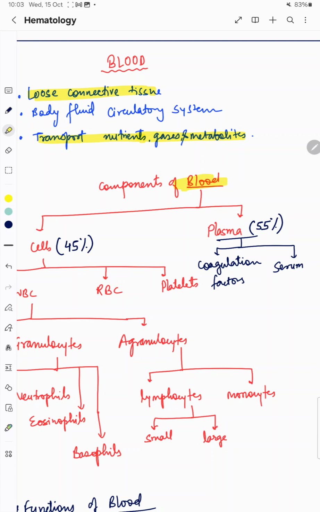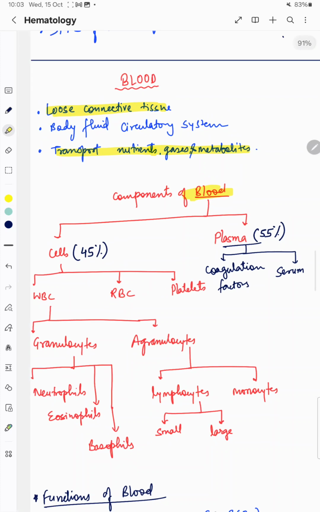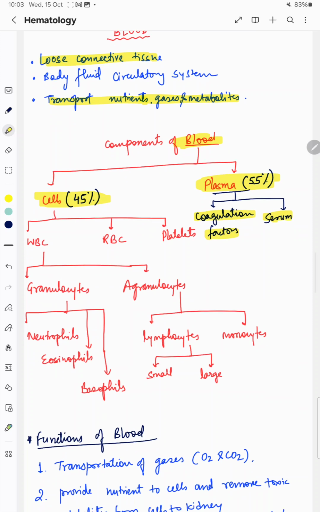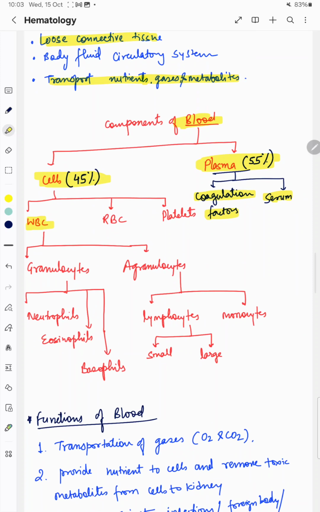So what are the components of blood? Blood is composed of primarily two components, cells or corpuscles, and plasma. Plasma contains coagulation factors and serum. In the cells, we have three types of cells in blood: white blood cells, red blood cells and platelets.